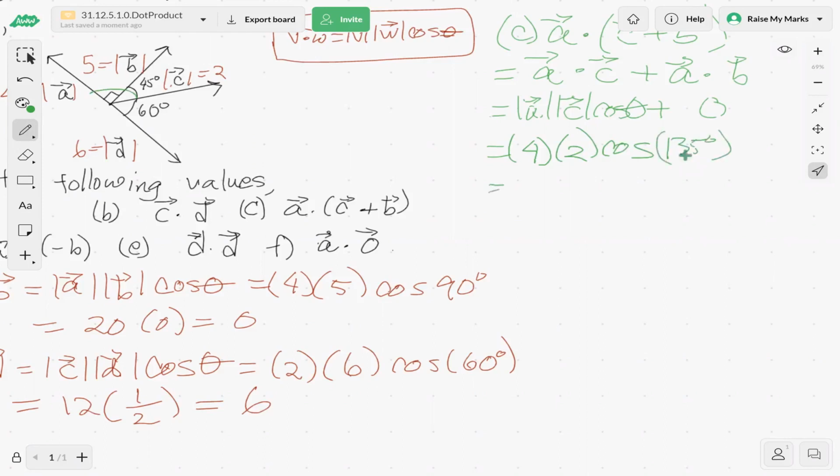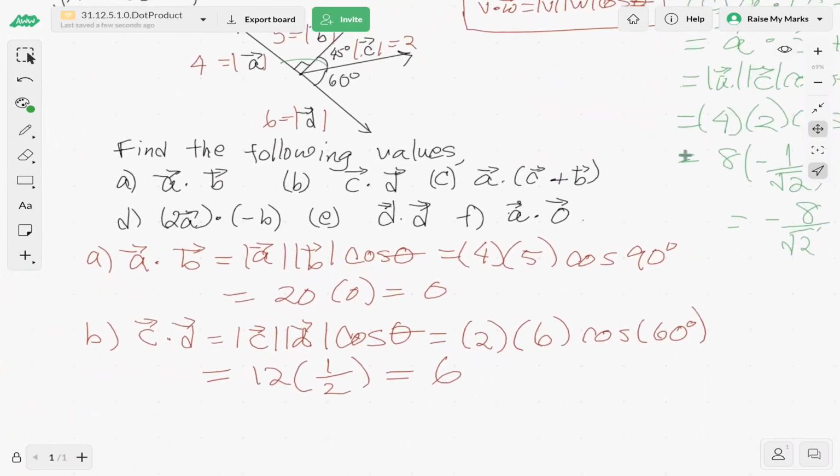So 4 times 2 is 8. Now the cosine of 135 is negative the cosine of the related acute angle, 45, which is 1 over root 2. So our dot product of A with C plus B is negative 8 over root 2. Good.